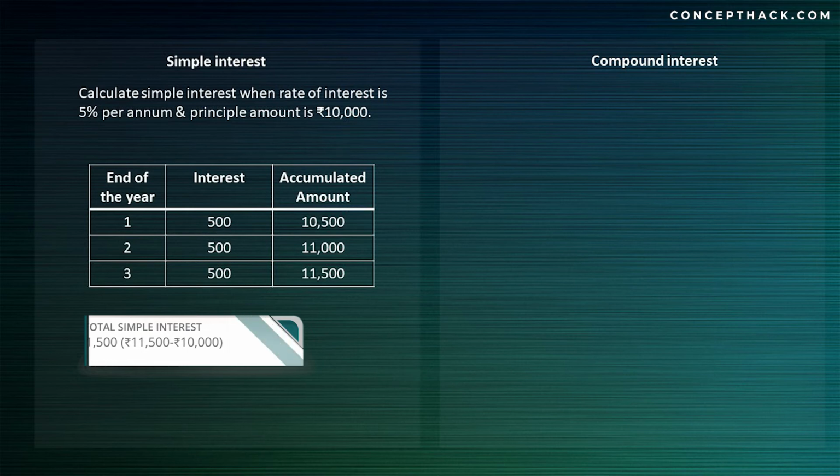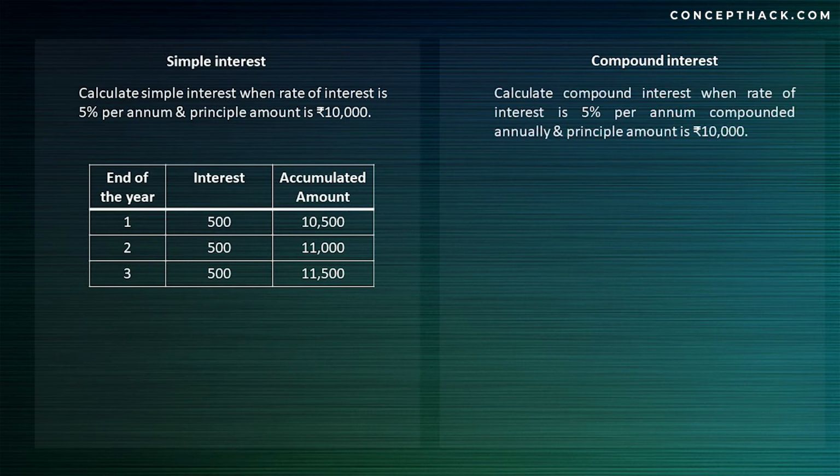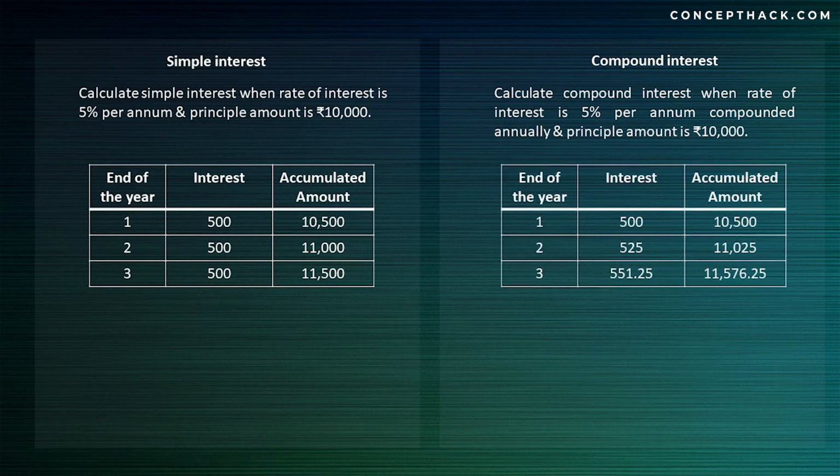Now let us see the second example. Calculate interest when rate of interest is 5% per annum compounded annually and principal amount is 10,000 rupees. Again, to calculate the compound interest here, we'll be having 3 columns.